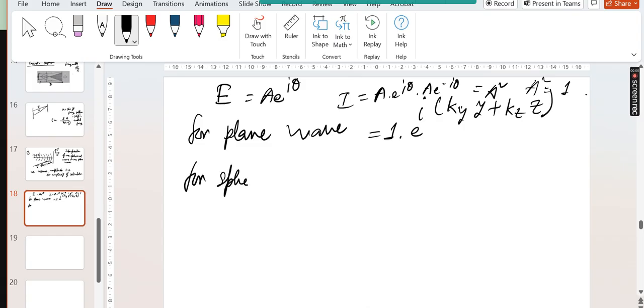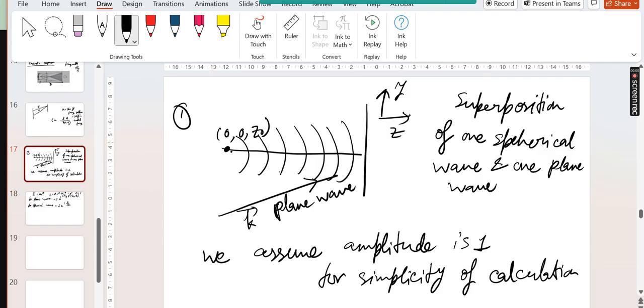For the spherical wave, we can write it like this, e to the power i k r, which is coming from 0, 0, z0. So basically it should be k times r. This is z0.